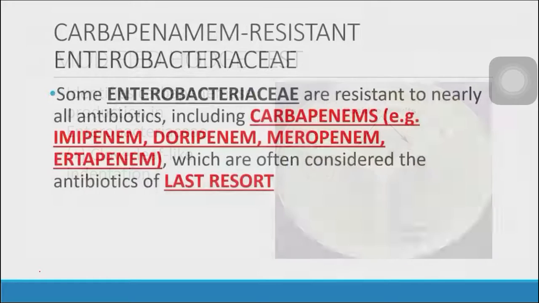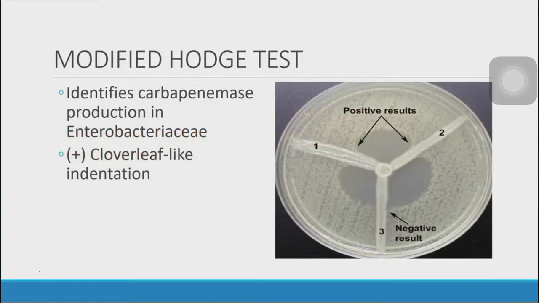So how is this detected in the laboratory? The production of carbapenemase is detected by performing the modified Hodge test. The modified Hodge test identifies carbapenemase production in Enterobacteriaceae. The positive result is the clover leaf-like indentation.